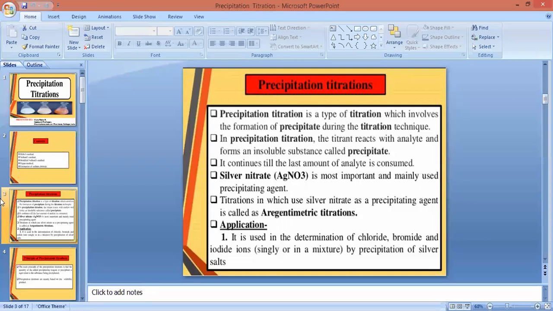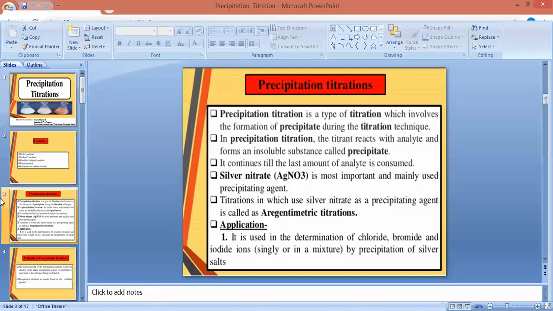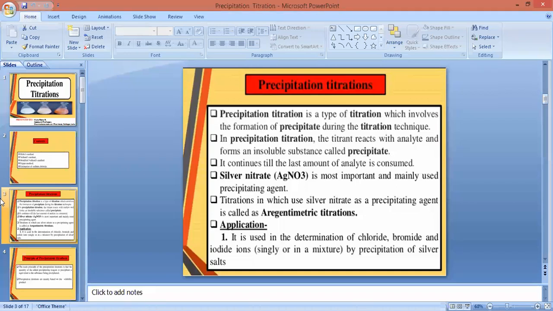So in case of precipitation titration, we are going to use two standard solutions of precipitating reagent, that is silver nitrate and ammonium thiocyanate. So these standard solutions we are going to prepare. Next, we are going to fill the standard solution into the burette, and we are going to add 1 ml of standard solution to the contents in the conical flask containing analyte.